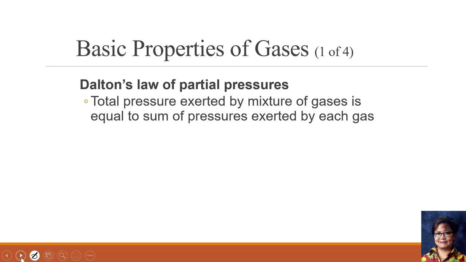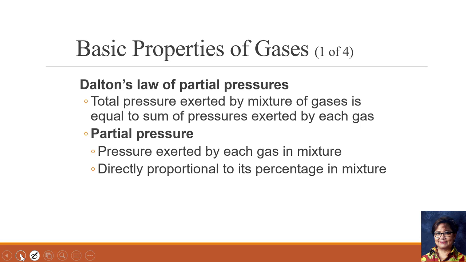Then you have oxygen, about 21%, and a good 0.03% is your carbon dioxide. Now, the partial pressures of these three gases add up to the total atmospheric pressure, which is 760 millimeters of mercury.